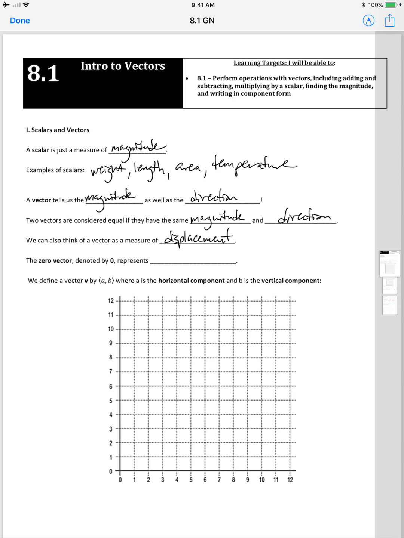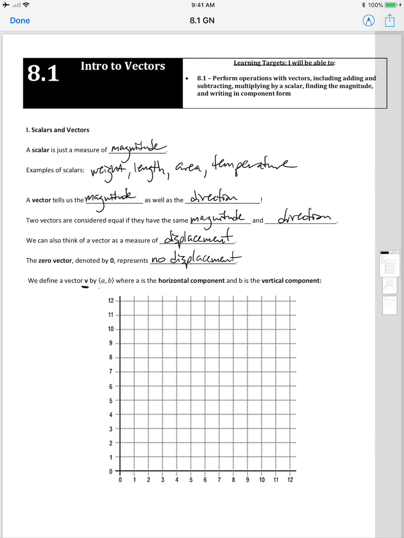For that reason, we can think of the zero vector, which is just a big zero, it's bolded, as representing no displacement. If we're not moving anywhere at all, that's the zero vector. That's what a zero means in terms of vectors. Now, in general, when we see vectors, we do bold like this, the V, or whatever letter we happen to be using.